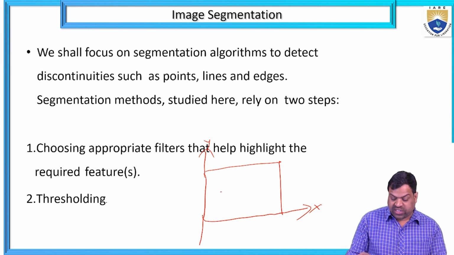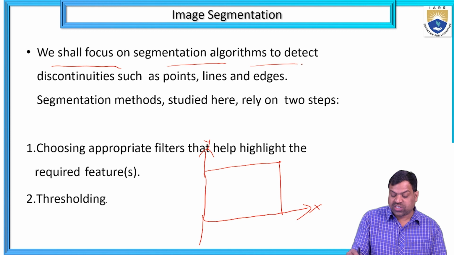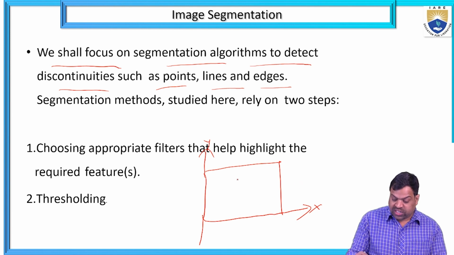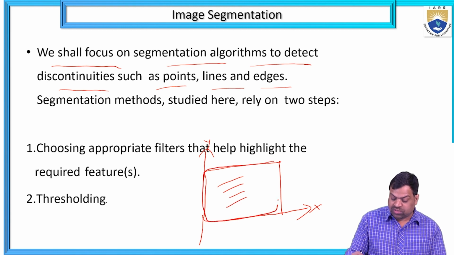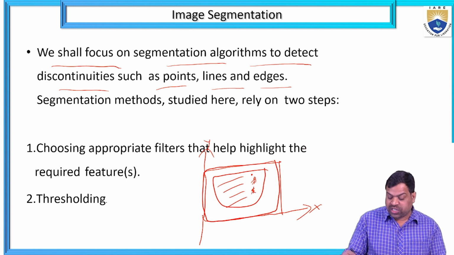In that, we shall focus on segmentation algorithms to detect discontinuity such as points, lines, and edges. How many points are there? How many lines are there? How many edges are there? We have to find out how many points or objects are there.